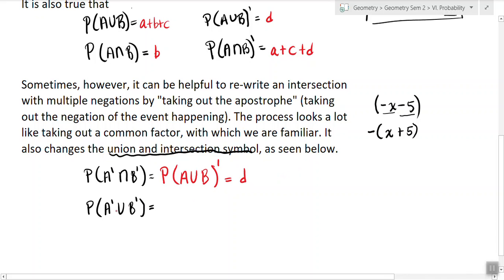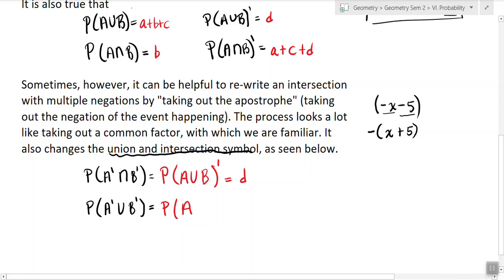The next problem, we're going to also factor out an apostrophe. I call it factor out just so you understand kind of what we're doing there. We're taking it out, I guess. We're rewriting it in a simpler way.